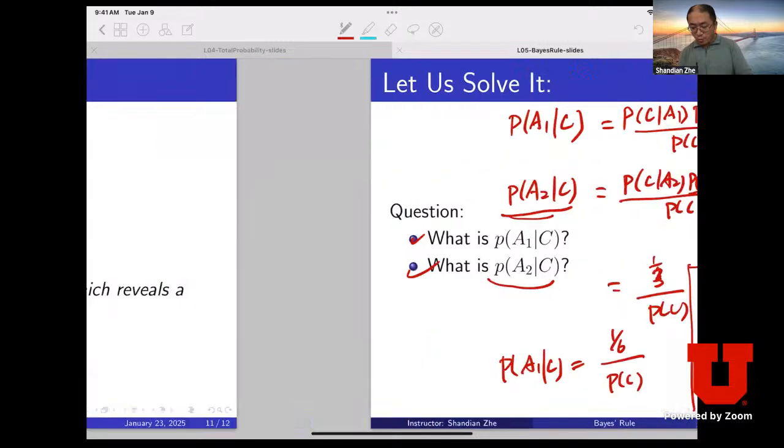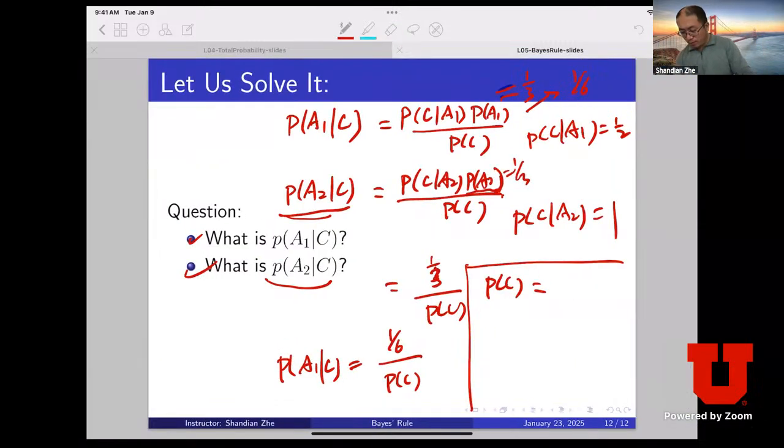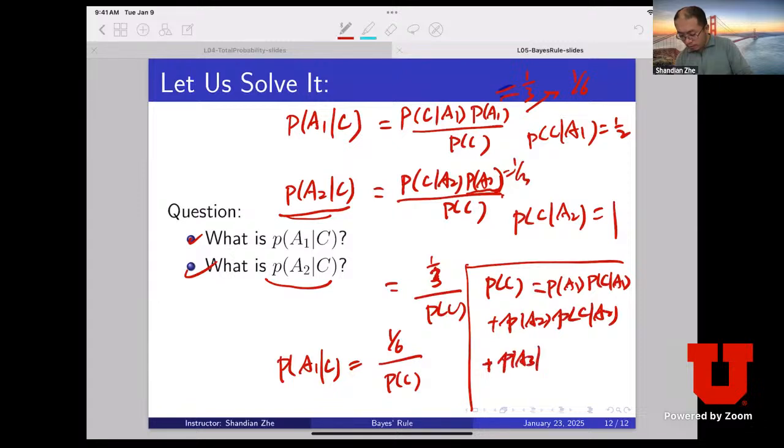So here we have 3 events, A1, A2, A3. They're non-overlapping, pairwise disjoint, and they form the whole sample space. So we just apply the total probability, which is P of A1 times P of C given A1, plus P of A2 times P of C given A2, plus P of A3 times P of C given A3.